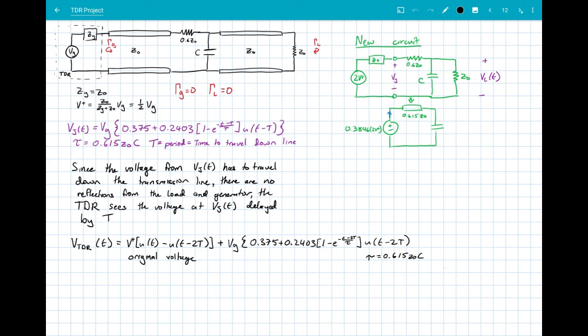So at the end, we have V plus and then the original voltage for 2T. This represents that from time 0 to time 2T, we have a value of V plus. After that, we have this delayed by 2T here and here, and the voltage will be equal to this at the TDR side, where our tau constant is equal to 0.615 Z0 C.